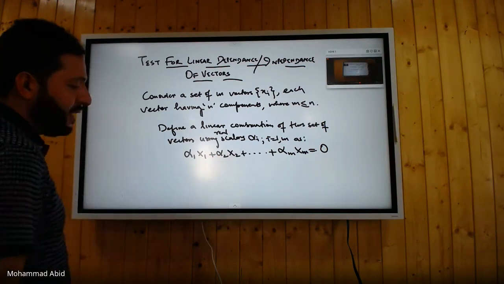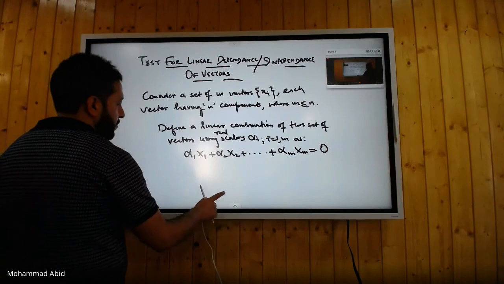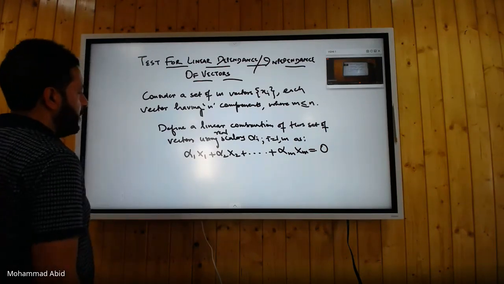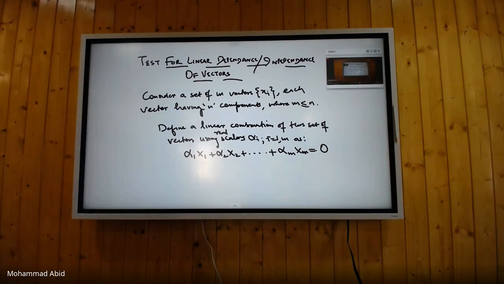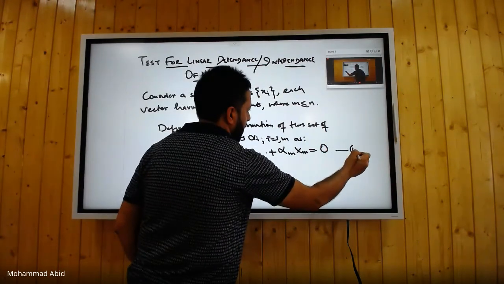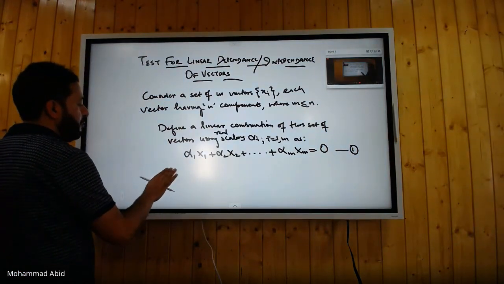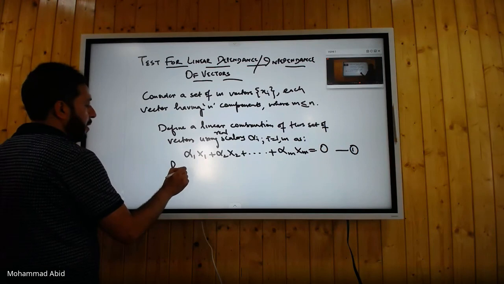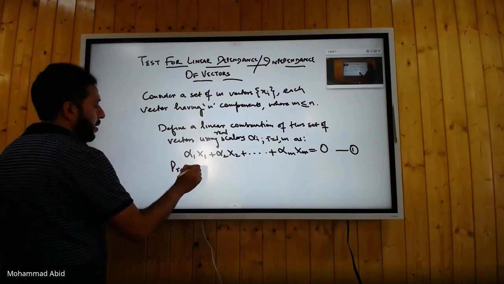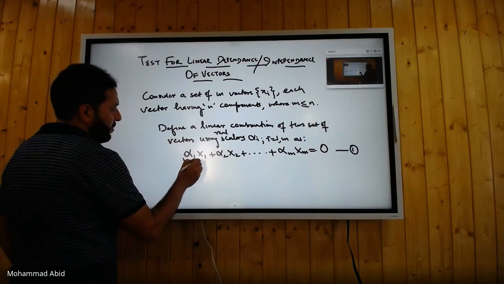Now you have an equation like this. Now in this particular equation, this is equation 1. Sorry, did we do something wrong here? The size of alpha is 1 cross 1.